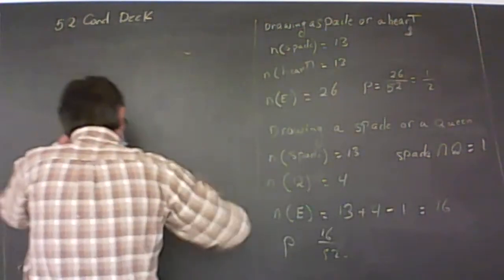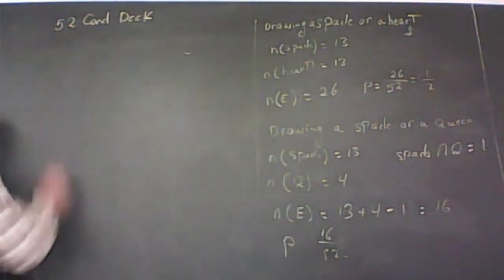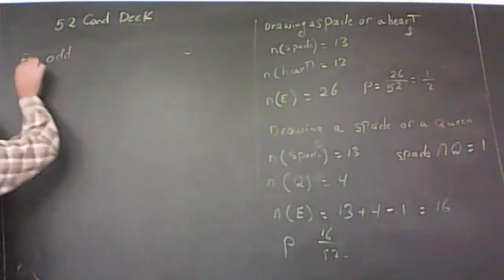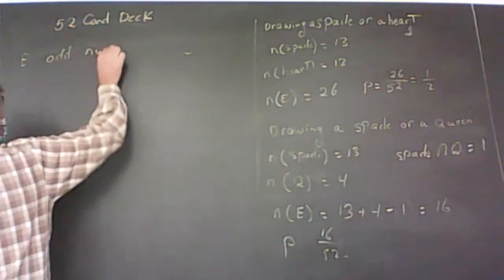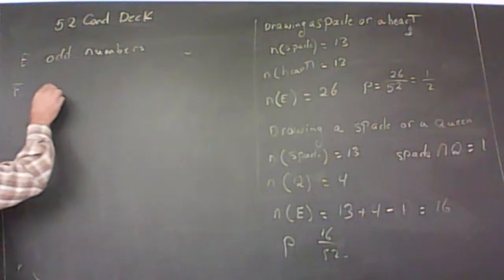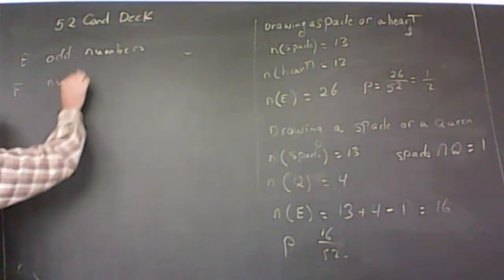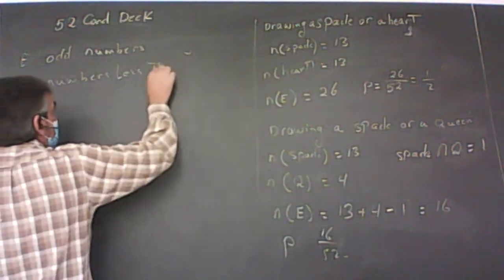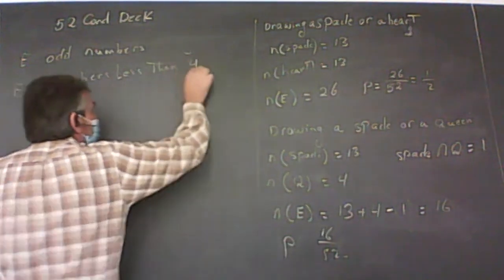Now, if we look at the sets we were doing before, in the numbers, say we said the odd numbers, right? So E is the odd numbers, and then F is numbers less than, say, 4, yes?